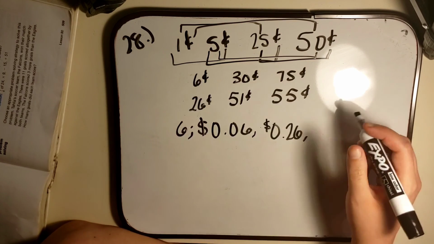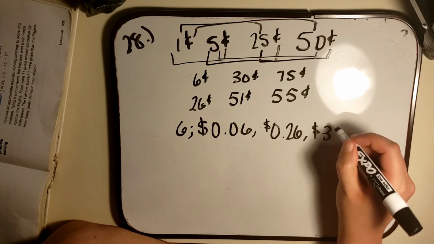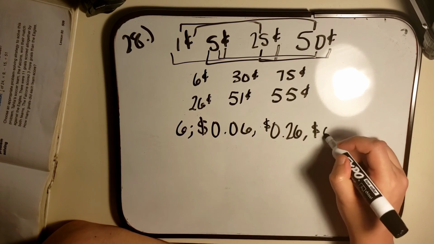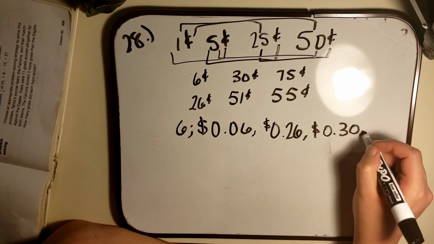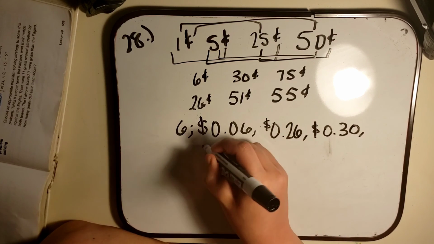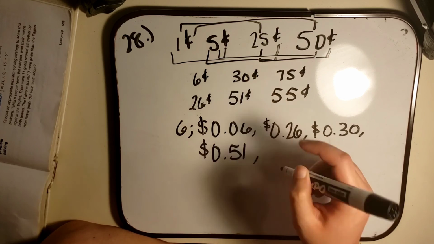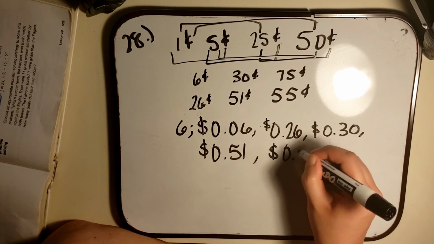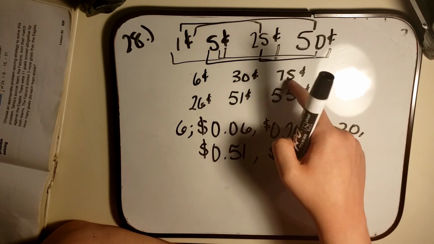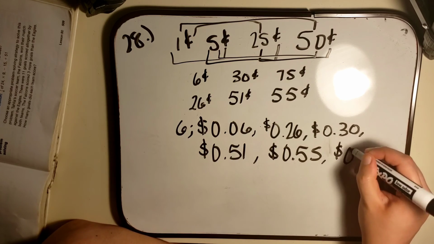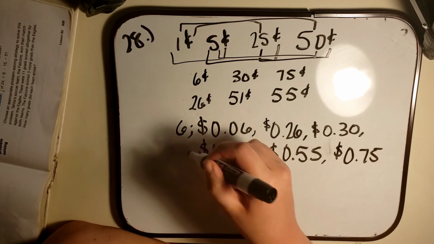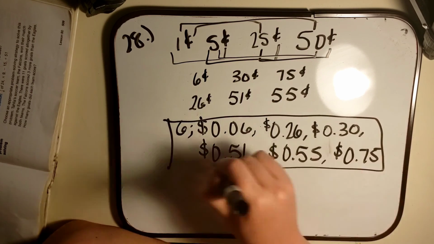Then the next smallest one is 30 cents. Next one, 51 cents. Next one, 55 cents. And the last one is 75 cents. So this is what your answer should look like.